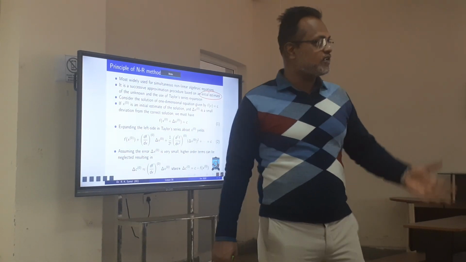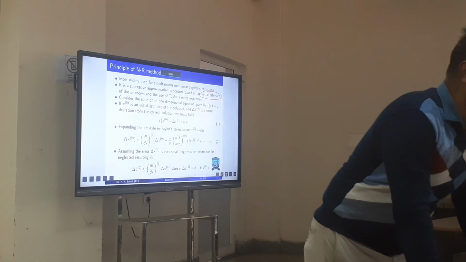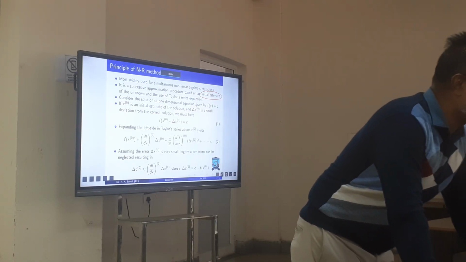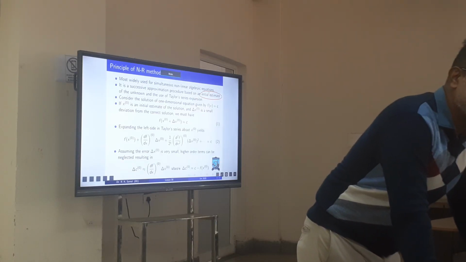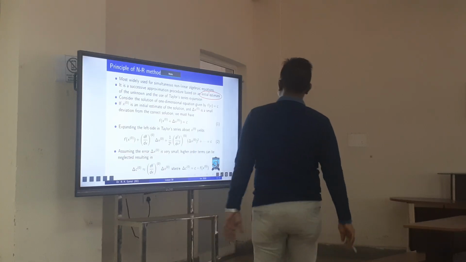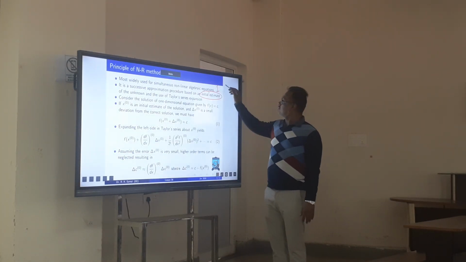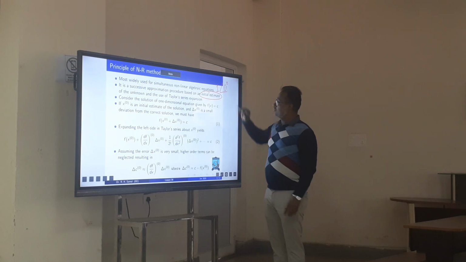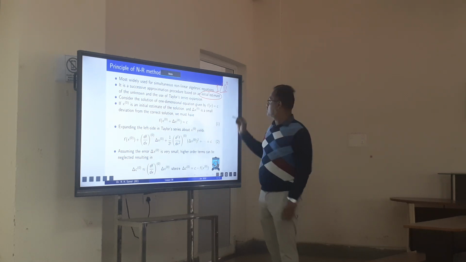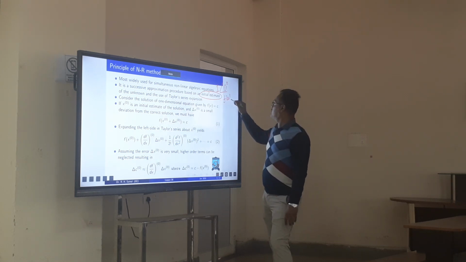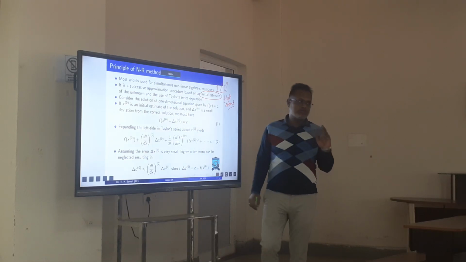So what should the initial estimate be? And remember that it is always in per units. 1, 0. So the general initial estimate is 1 per unit magnitude, 0 degree angle. It is also known as the flat start. For bus voltages you start with this one. Okay.